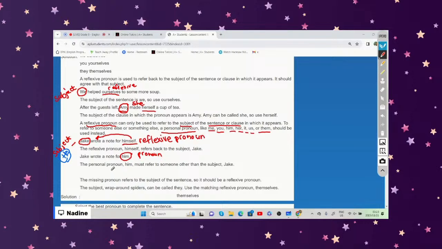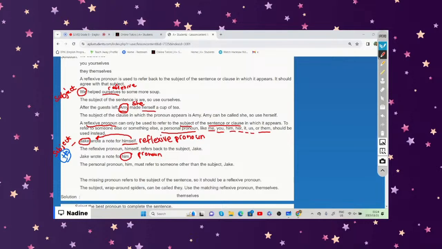But if we just say that Jake wrote a note to him or to her or to us or to them, then that is a personal pronoun, because it's referring to someone else other than the subject. Who is the him? Him can be anybody else.